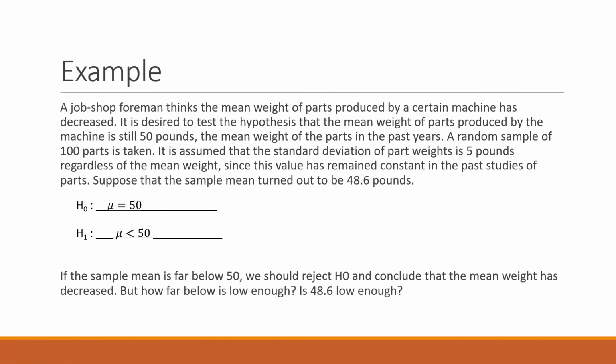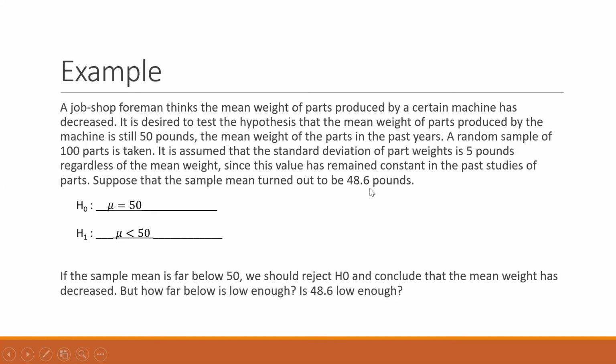If that probability is low, that is, it's unlikely for me to observe a sample mean as low as 48.6 when assuming the population mean is 50, then I can say something is wrong with the machine. Okay? The sentence I just said is the key, and it's not easy to understand. So I want to repeat that one more time, slowly.